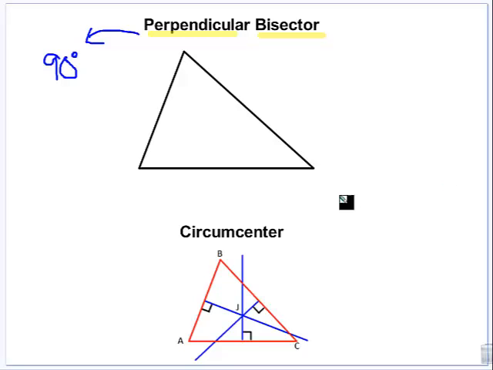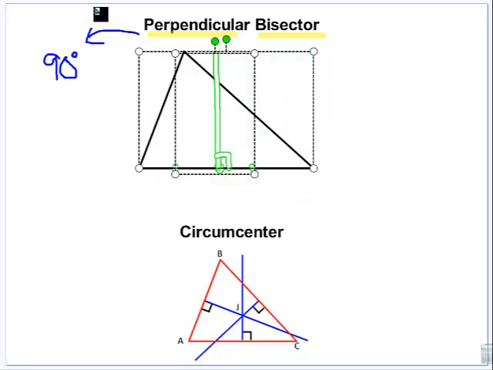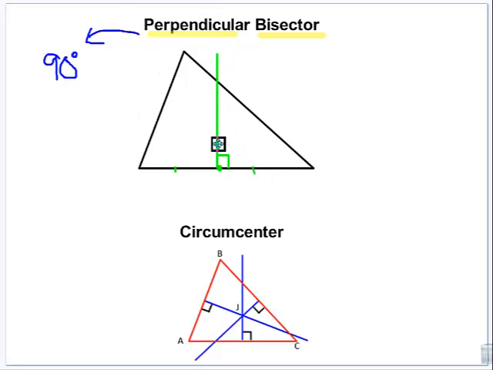So a perpendicular bisector is going to bisect this line, cutting it into two equal parts, and then it's going to be perpendicular to it. So that would be a perpendicular bisector. It shows that the line drawn through is perpendicular, and it has bisected that.